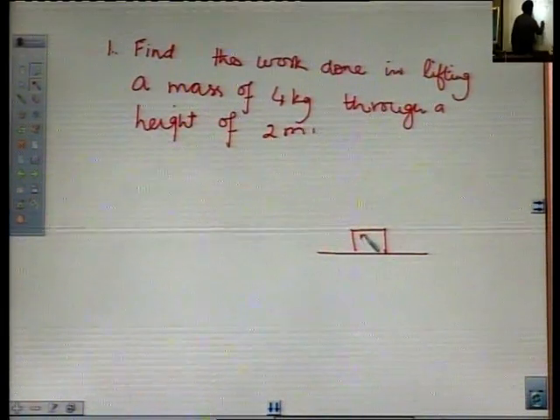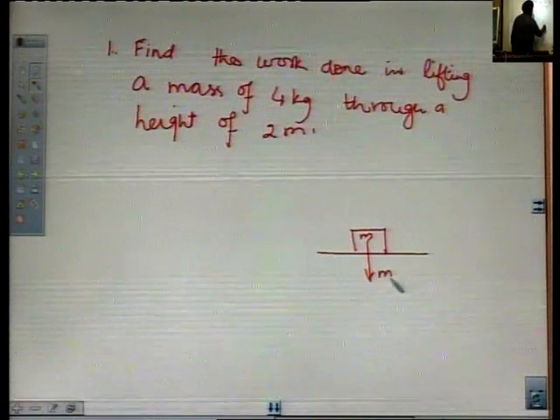Mass of the body is m, weight of the body is mg.